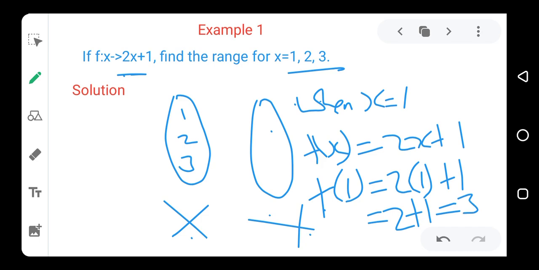So f of 1 is equal to 3. That means that 1 in the domain maps to 3 in the codomain. So the image of 1 in the codomain is 3. So this maps to this.